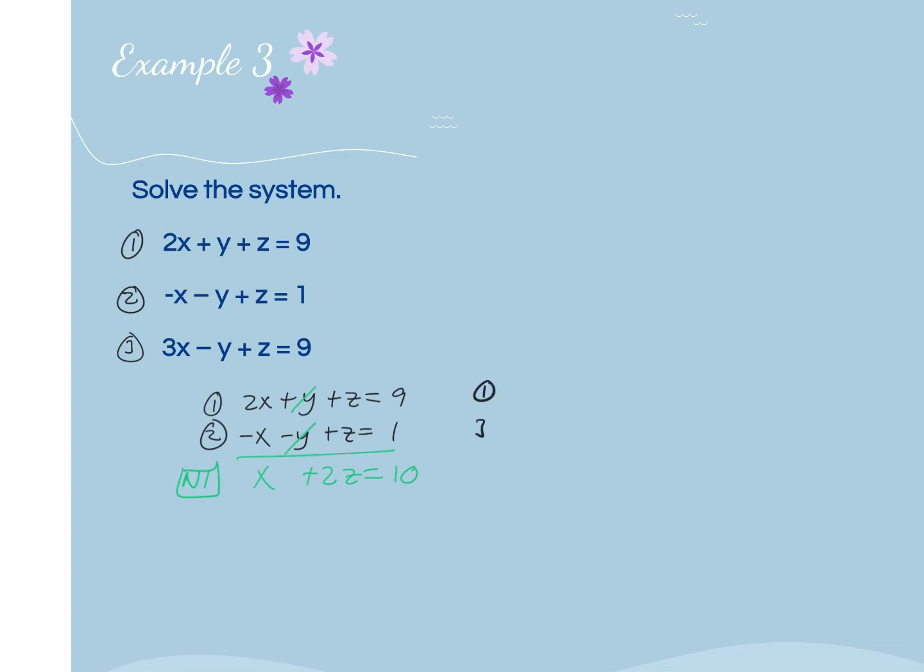So equation 1, equation 3: 2x plus y plus z equals 9, and equation 3 is 3x minus y plus z equals 9. Combine these: 2x plus 3x is 5x, the y's cancel, z plus z is 2z, equals 18. This is new equation 2.